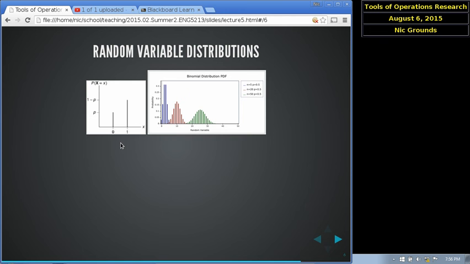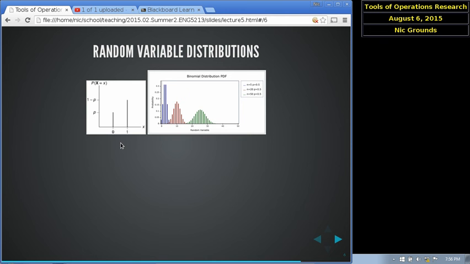I could either get a sum of 0, a sum of 1, or a sum of 2. It's most likely that I'd get a sum of 1 because there's two scenarios where the sum would be 1. I could get 0, 1, or I could get 1, 0. There's only one case where I'd get a sum of 0, and only one case in which I'd get a sum of 2.